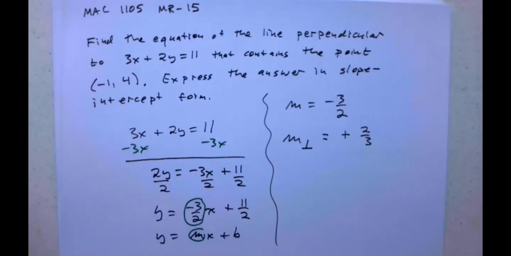But what I need is for this perpendicular line to go through the point (-1, 4). So (-1, 4) is here, so you can see I'm going to need a line that looks something like that, through (-1, 4) with the slope of 2/3.